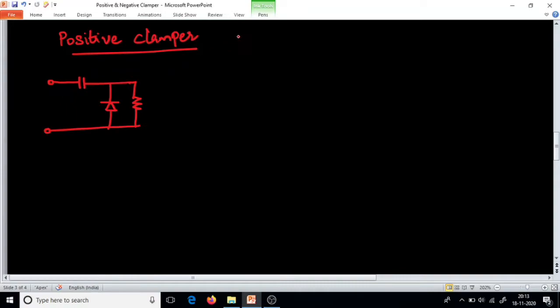The condition for the clamper circuit is that RL, that is the discharging time, should be much greater than the charging time.